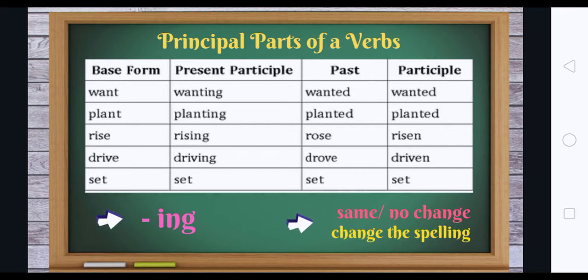There are four principal parts of a verb: the base form, present participle, and past participle. Example: want, wanting; plant, planting; rise, rising; drive, driving; set, set.